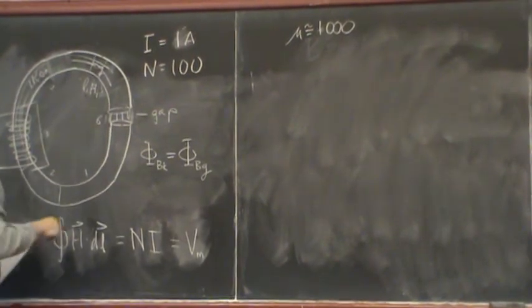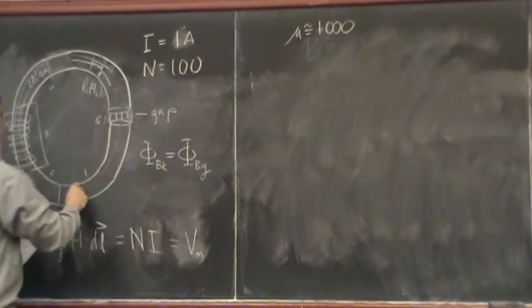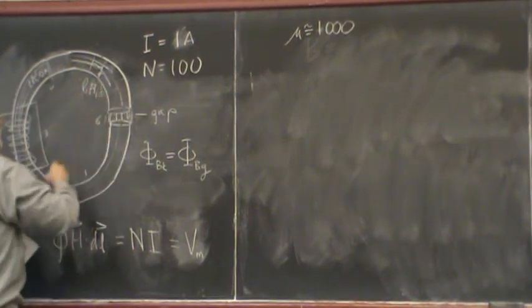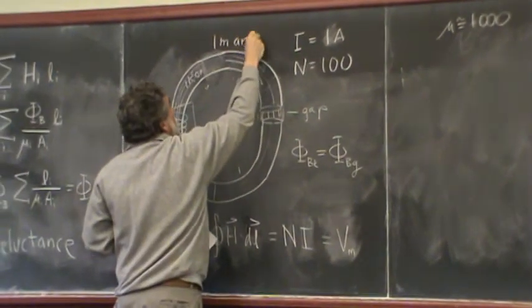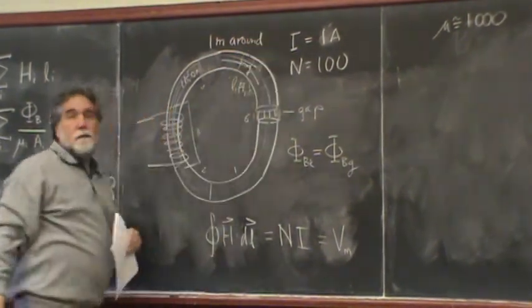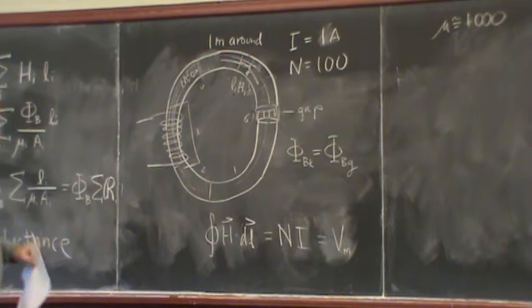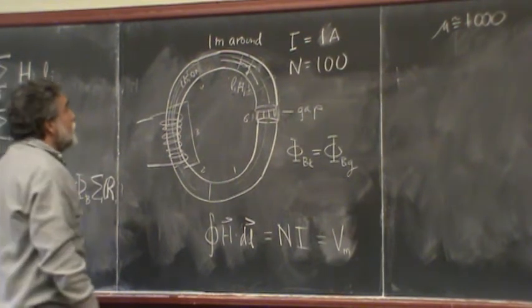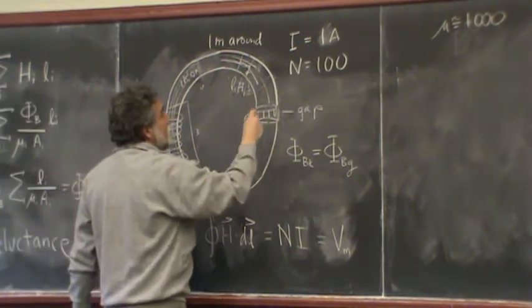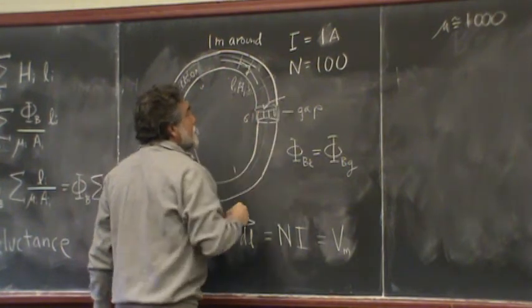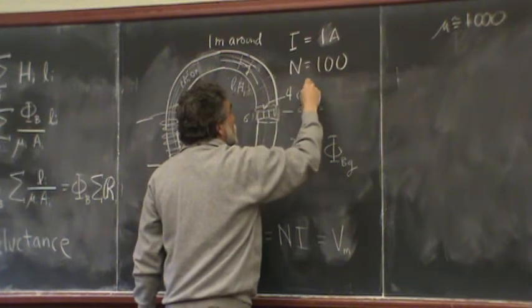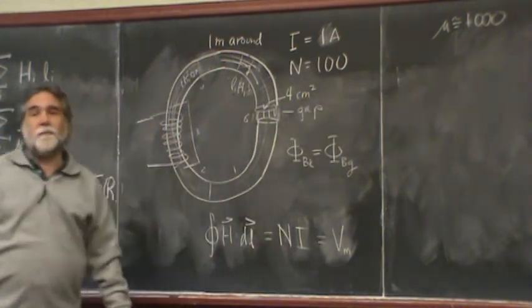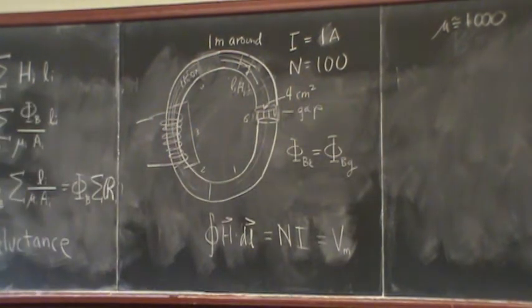And just to make life easy for myself, I'll make that distance 1 meter. And then I need to know the cross section. Let's say the cross section is 4 square centimeters, just to mix units up. That pretty much covers it.